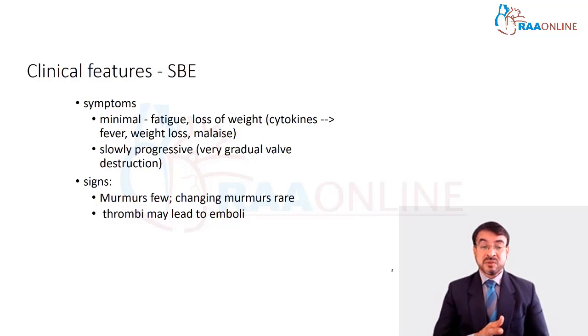And the disease slowly progresses, and the destruction of the valve is gradual. And there are a few murmurs, because already the person has murmurs due to the cardiac lesion, but changing murmurs are very rare. And just like acute infective endocarditis, even in subacute, thrombi may lead to emboli.